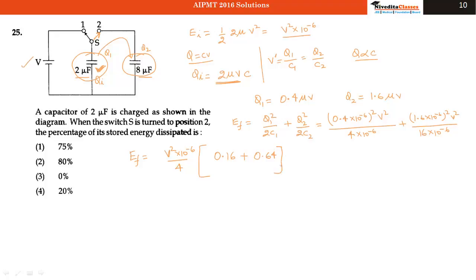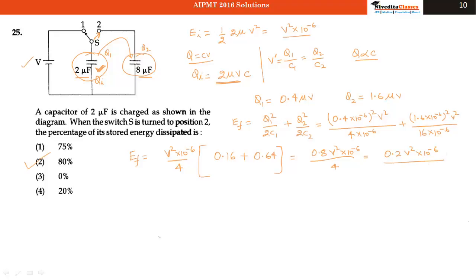Okay, if I add these two, it will be equal to 0.8 V square into 10 raised to power minus 6 divided by 4, that is equal to 0.2 V square into 10 raised to power minus 6.